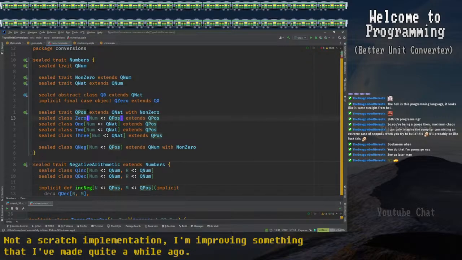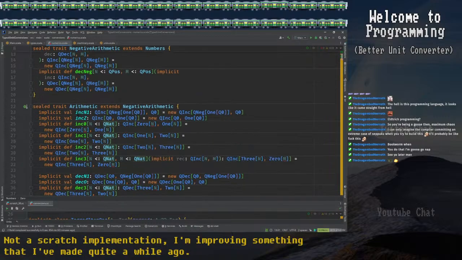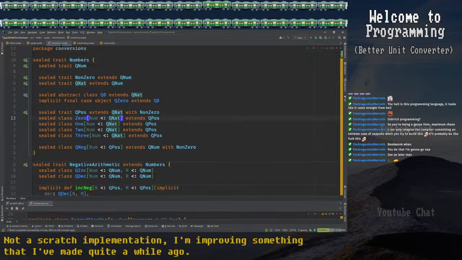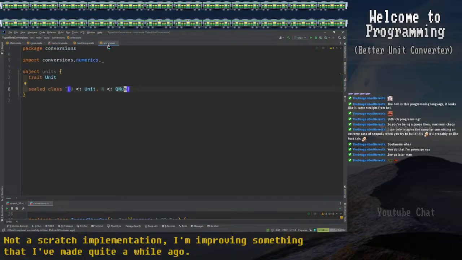Yeah, let's just make this qnat. Let's just do that, just so then we don't break anything. It's fine. So now we have... God damn it. Now we have unit exponentiation. Now we need to make unit simplification. Oh, God. Welp.